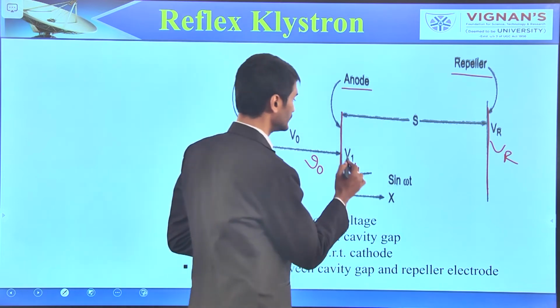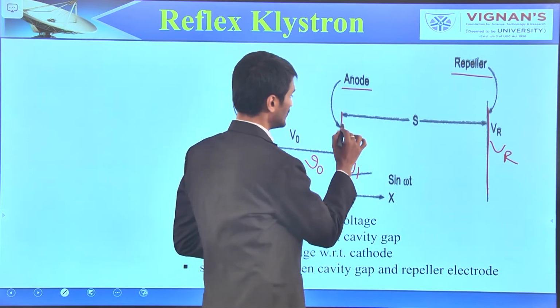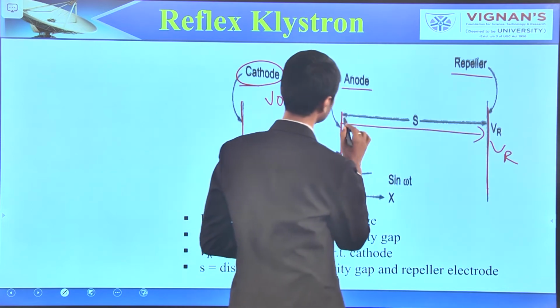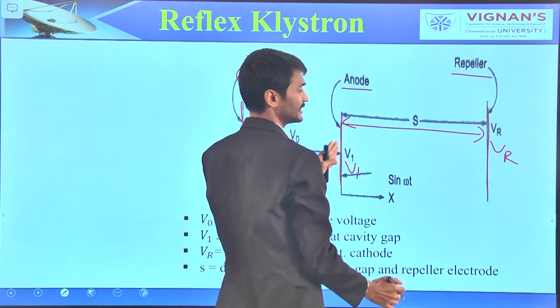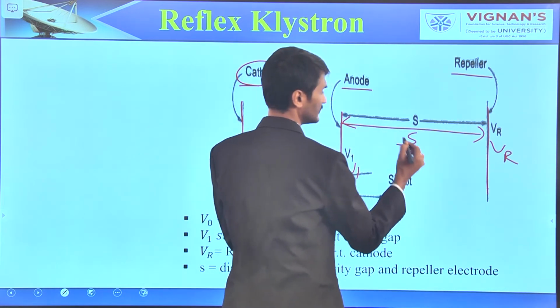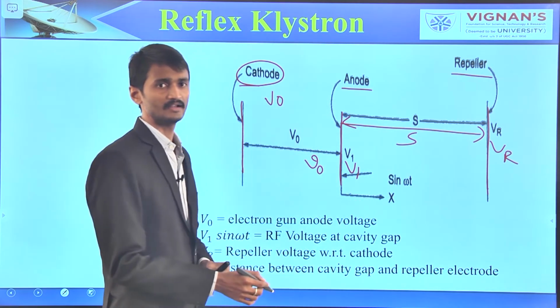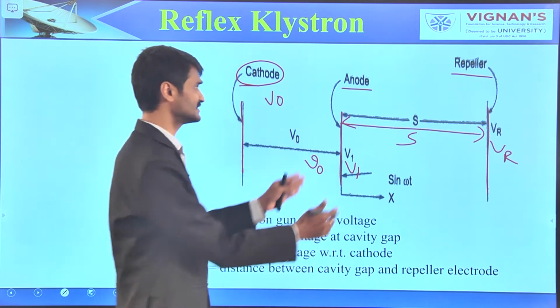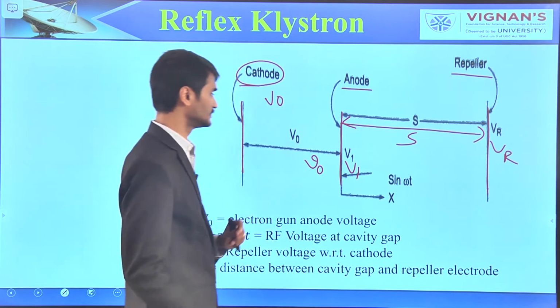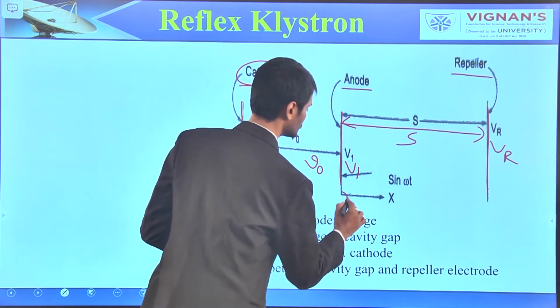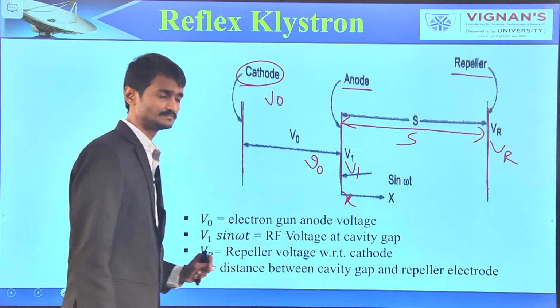Here it is V1, and the space between the anode cavity and the repeller electrode is considered as the repeller space, which is S, nothing but a length. The displacement we have considered as x.